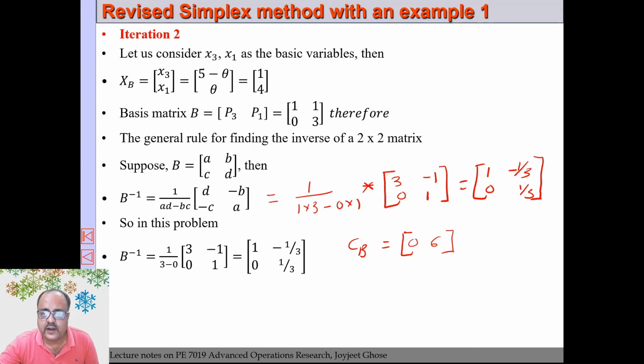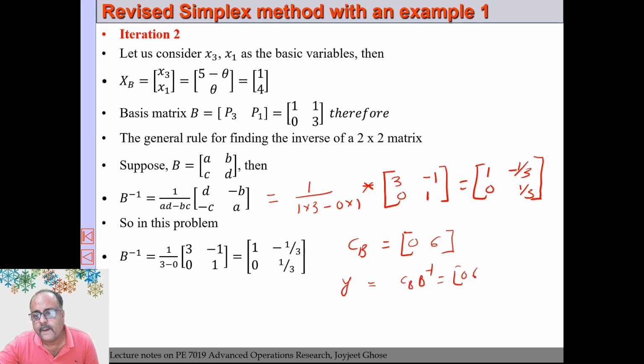Now I am interested in finding out y. y is equal to CB times B inverse, equal to 0, 6 times [1, minus 1 by 3; 0, 1 by 3].